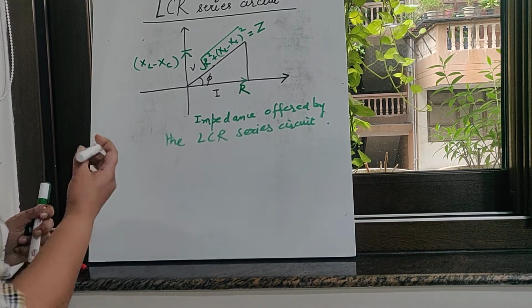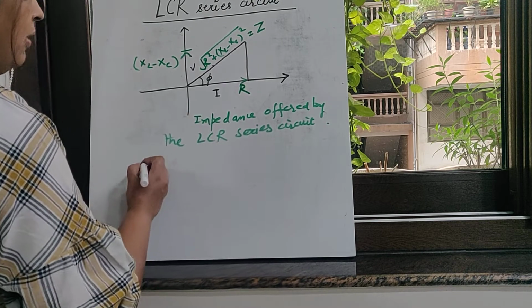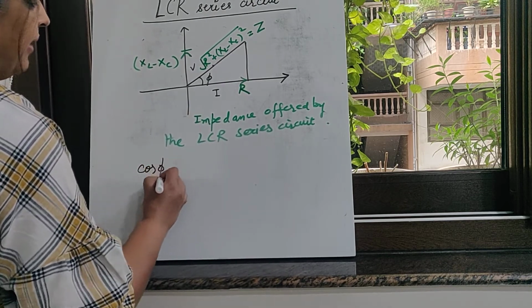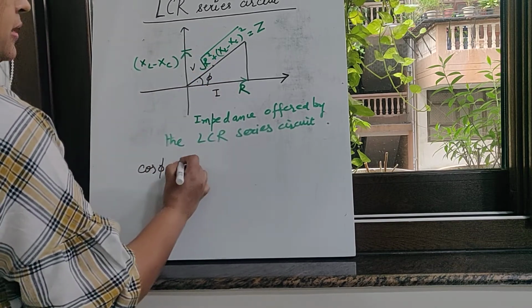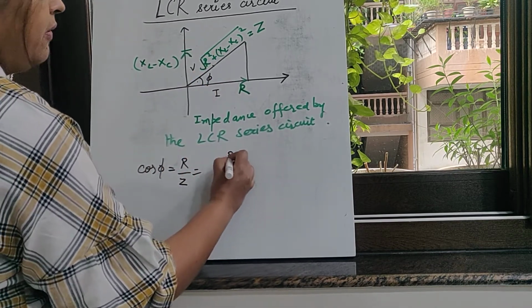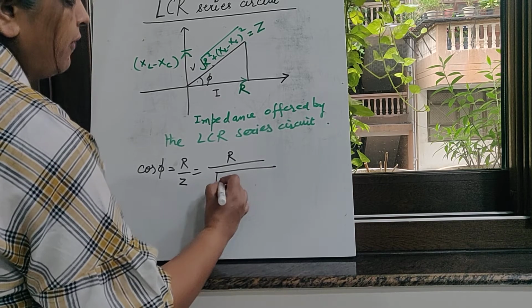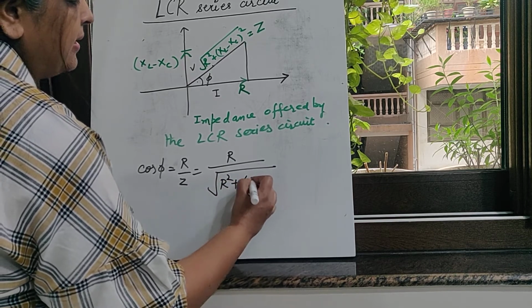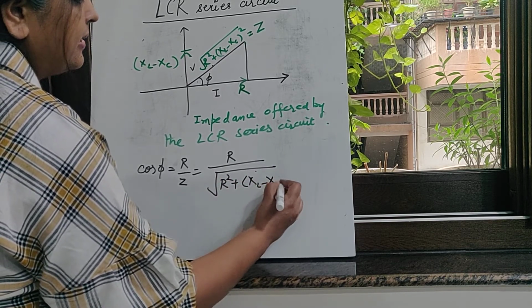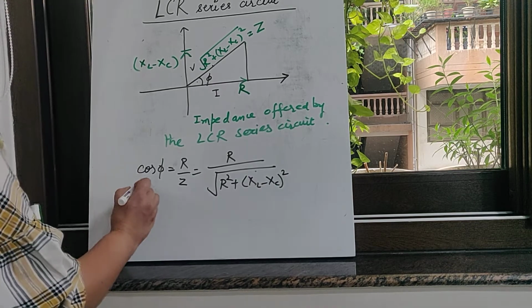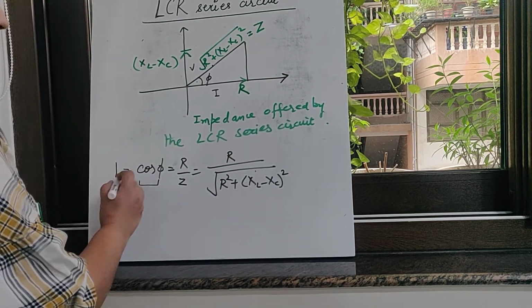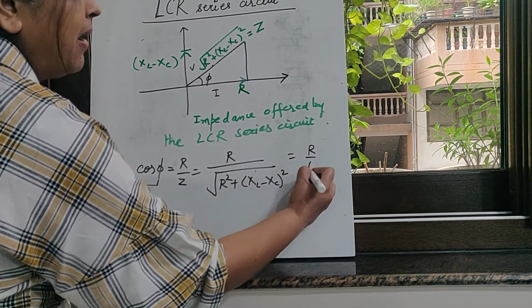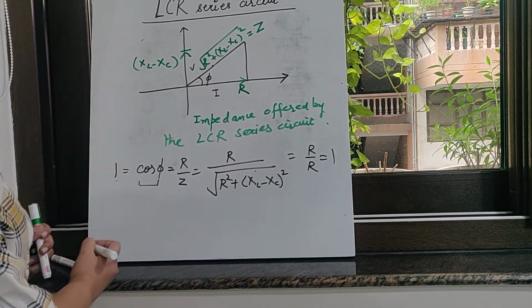Now what we can do is write that cos phi is equal to base upon hypotenuse, R by Z, or R upon root of R square plus (XL minus XC) square. We want cos phi to be unity, and for this to happen, we should have R by R to give the answer as 1.